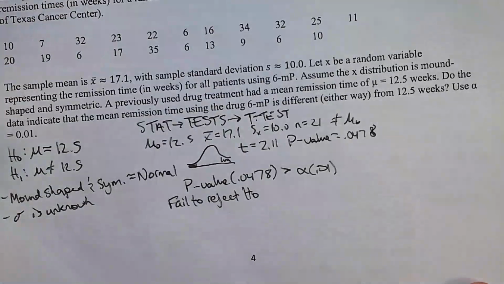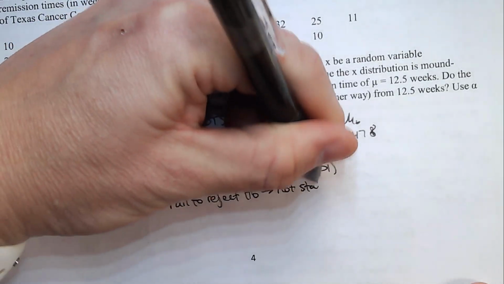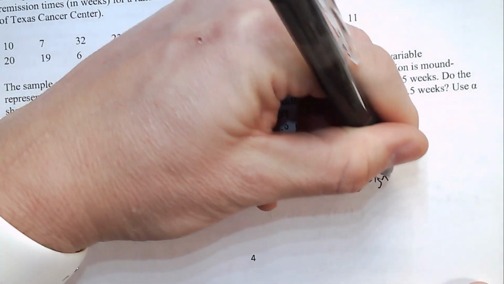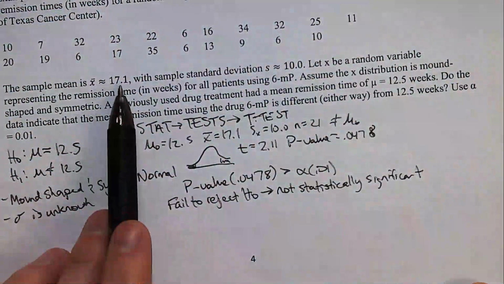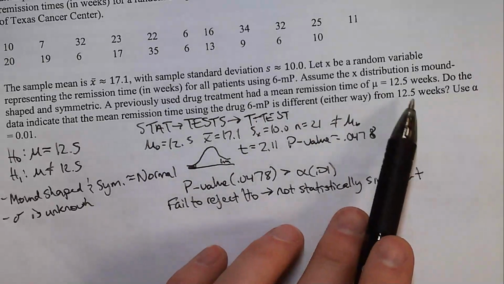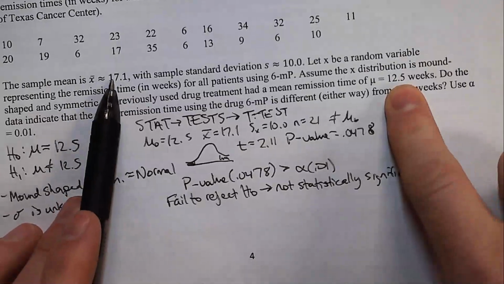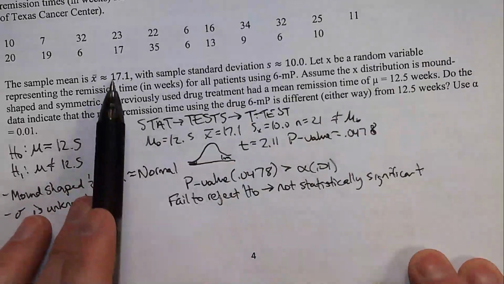And this means not statistically significant. So basically what we've shown here is that the gap between the sample mean of 17.1 and the claim of 12.5 is not significant.